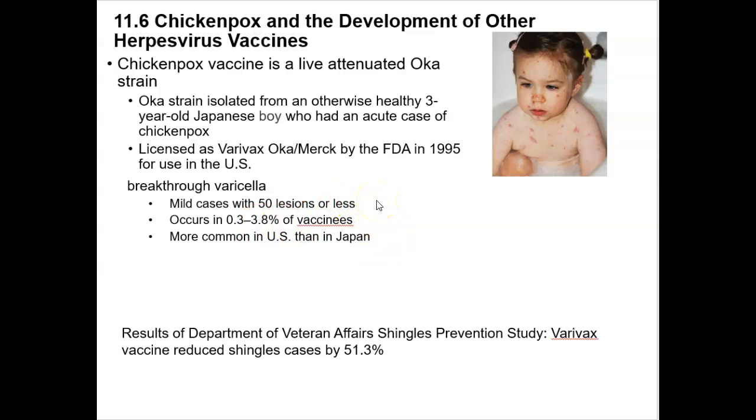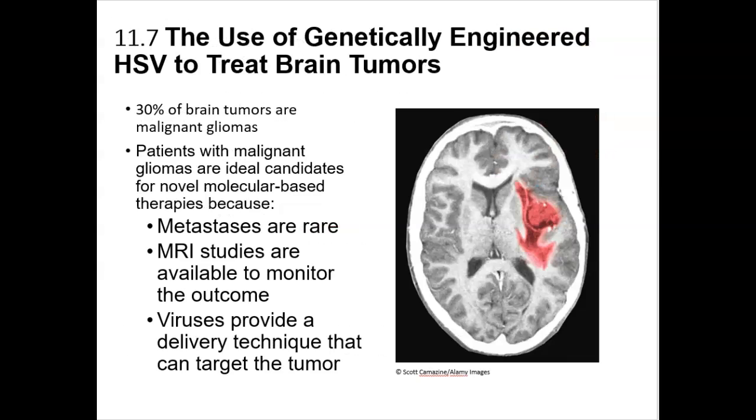Remember, someone who has full chickenpox, if they get infected naturally, can have 500 lesions, and so we're talking about an order of magnitude less here. And the shingles vaccine, it is important to get that, and that reduces the chances of shingles significantly.